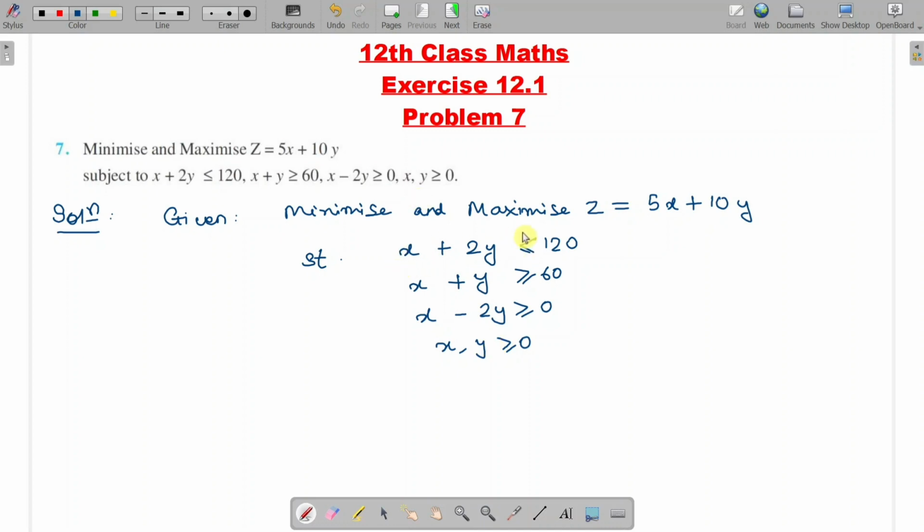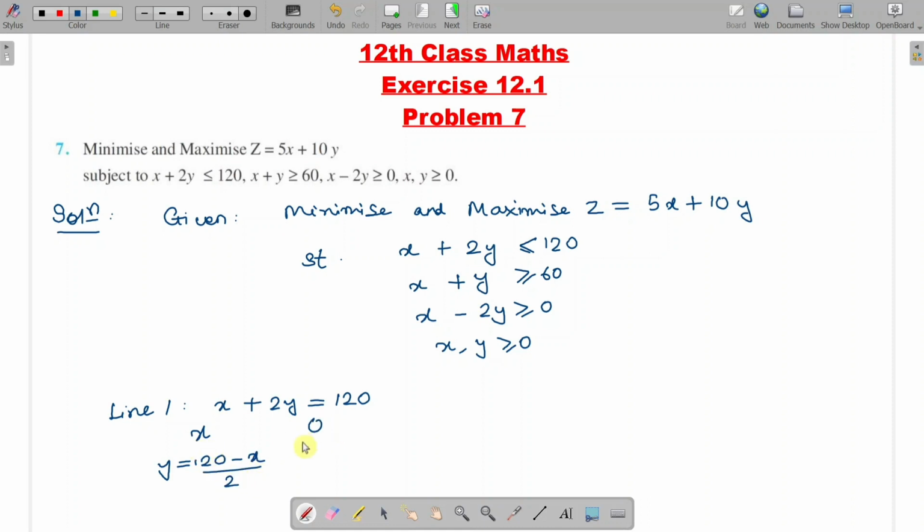now we should consider the first inequality and then further consider the line with respect to the first inequality. So we will call it line 1. So that is x plus 2y equal to 120, right? So we will make a table for this line. So x and y will be 120 minus x divided by 2, right?